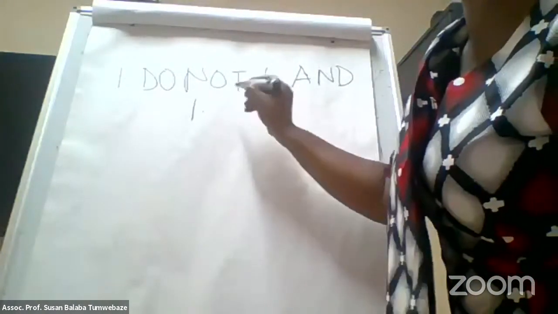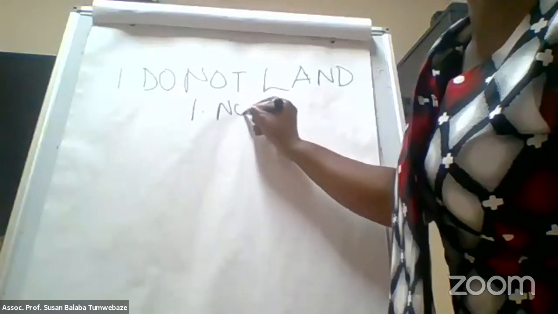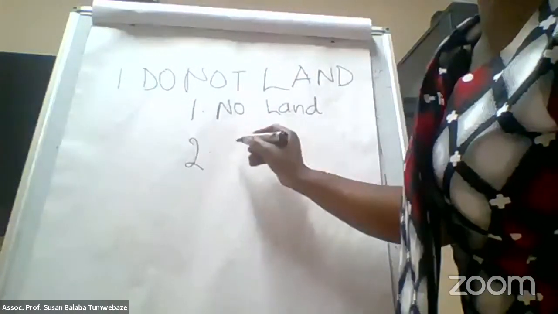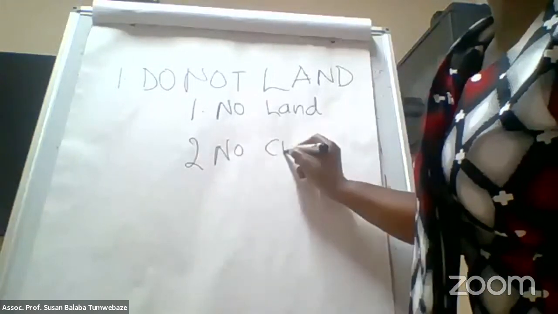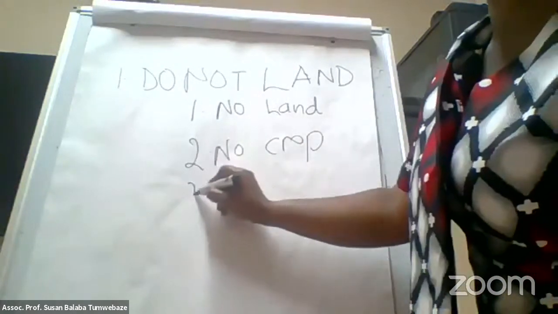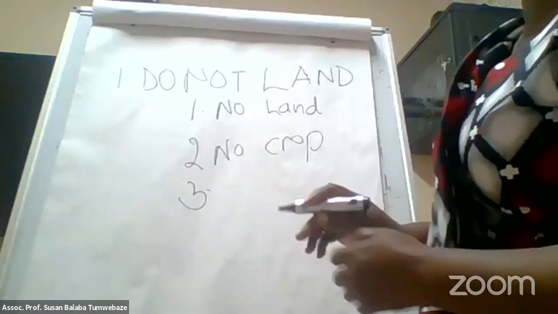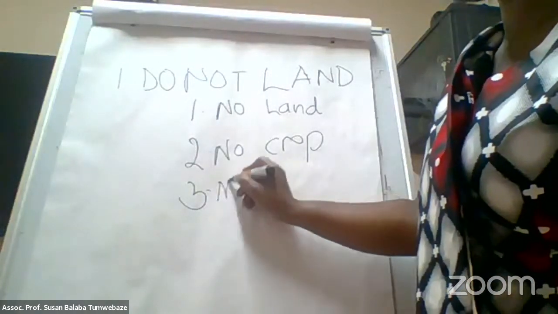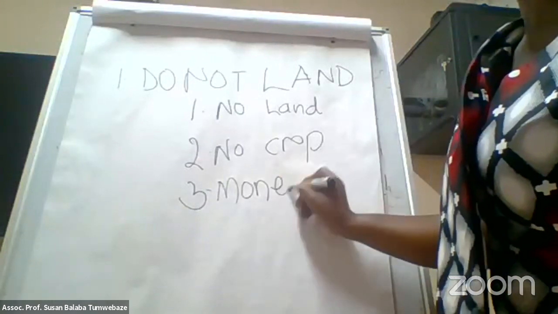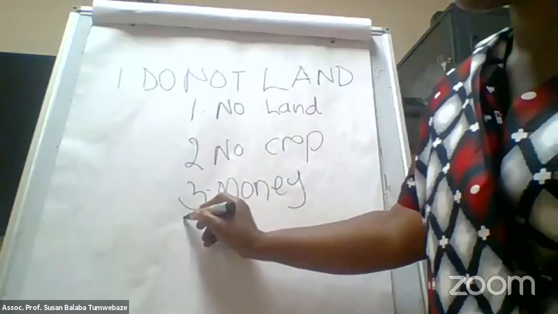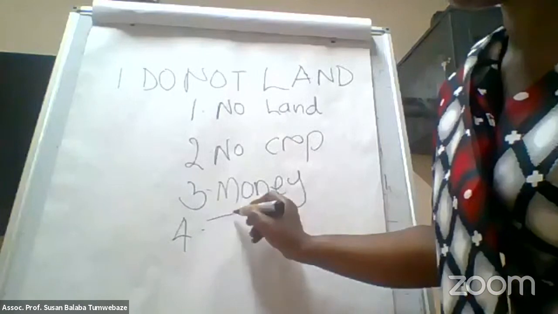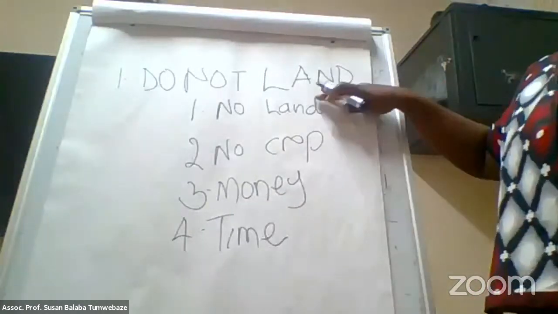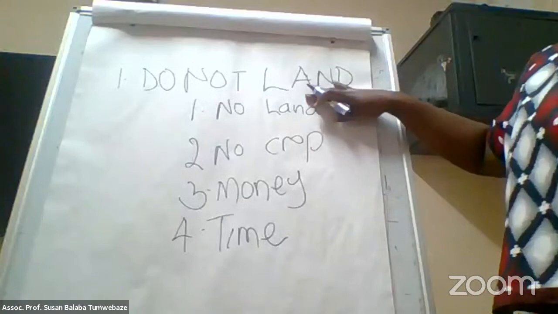Under this we have, again, no land as a possible option. Number 2, no crop to grow in furrow. Number 3 is money. They don't have money to buy the seed. Number 4 is time to do the tilling. So this is the second option.